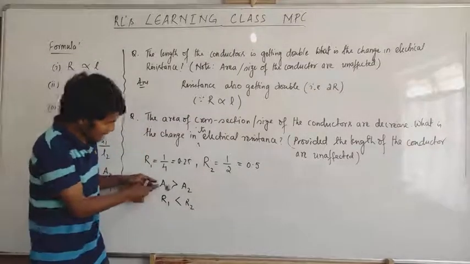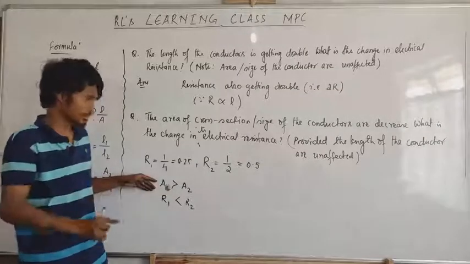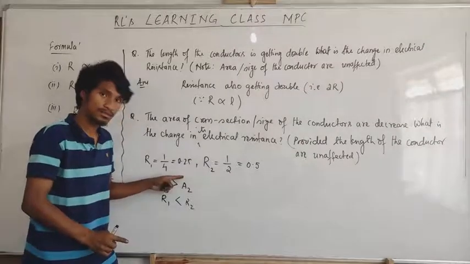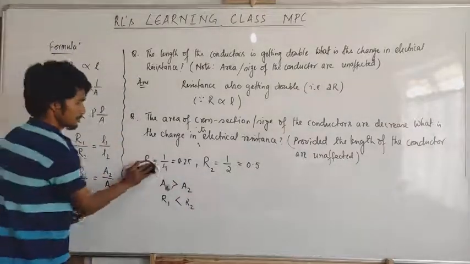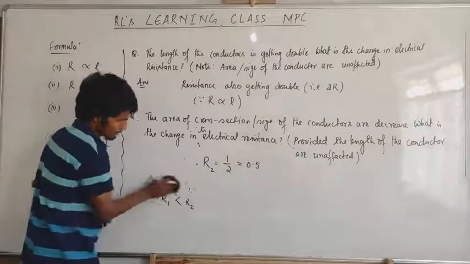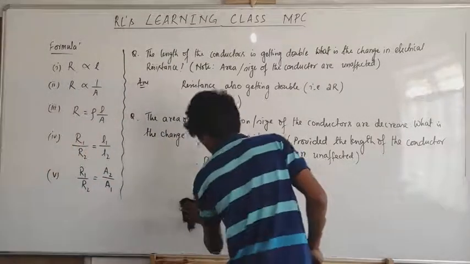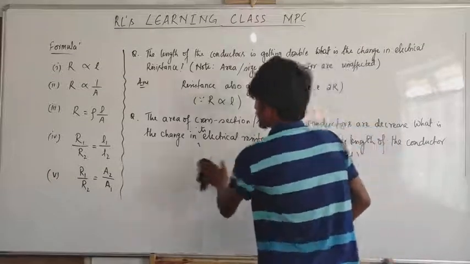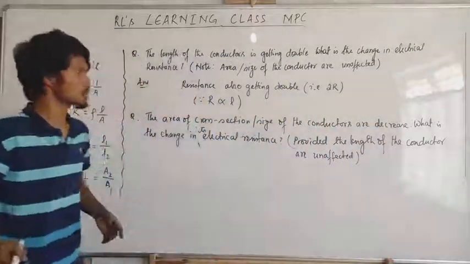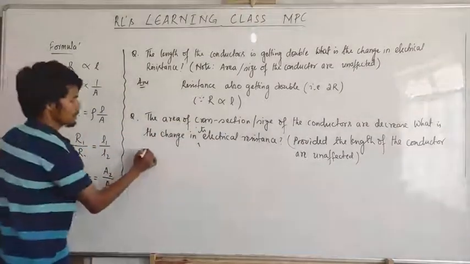Look, as the area is increased, resistance is decreased. As the area is decreased, then resistance is increased. Then what's the answer for this? The area of cross section of the conductor decreases. Then what is the change in the electrical resistance?